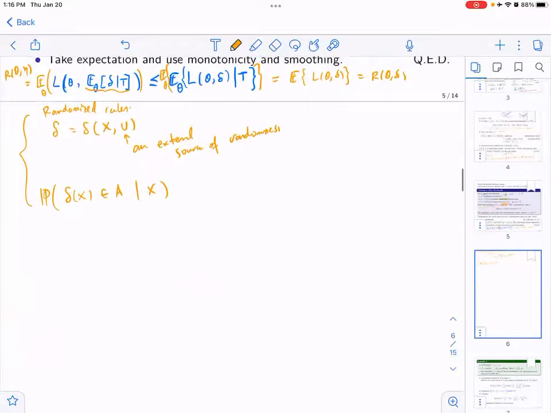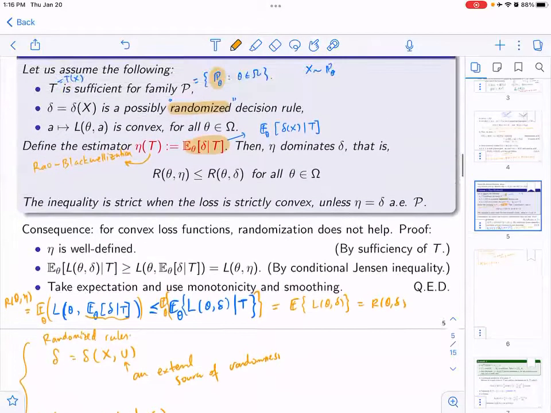So deterministic in this case just means deterministic conditional on having observed X. Yeah. The decision rule is basically a function of the observation. You can think of the decision rule as just a flat function, not the random variable.